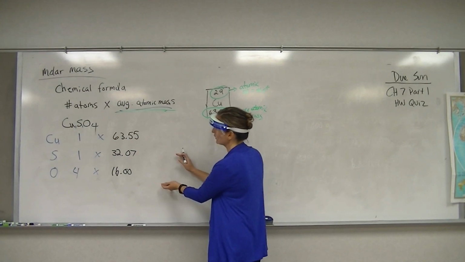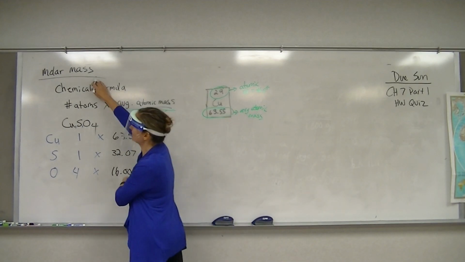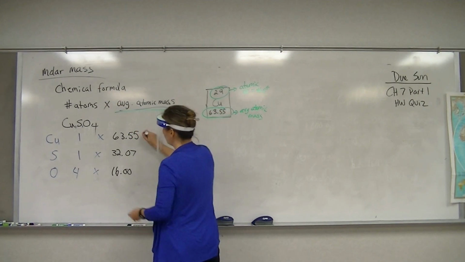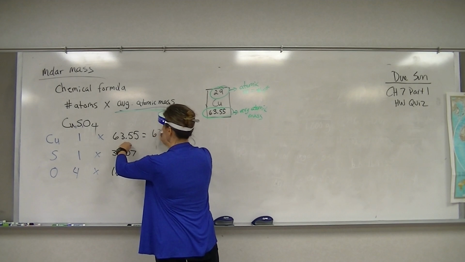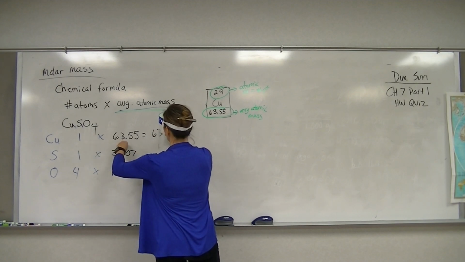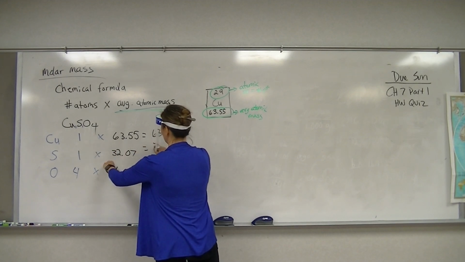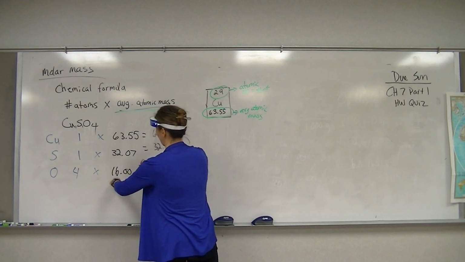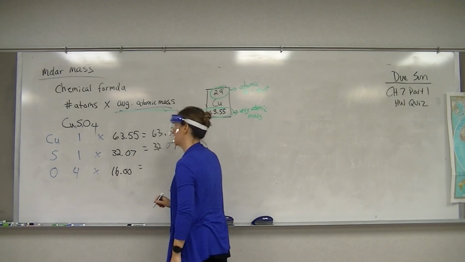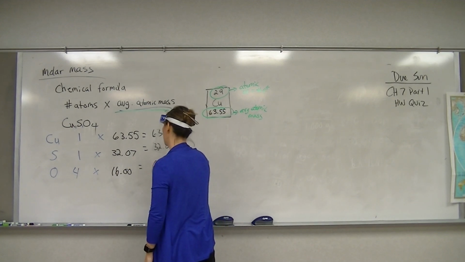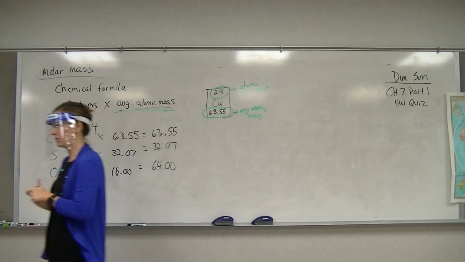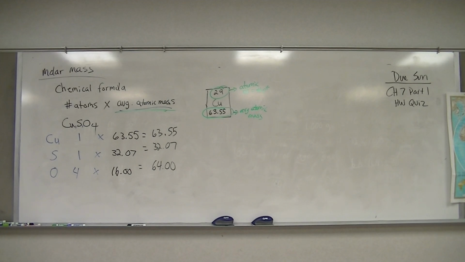So to figure out the total molar mass, remember that's what we're trying to calculate, we multiply across: atoms times the average atomic mass. For oxygen, 4 times 16. I got that wrong, that's not 64, that's 48.